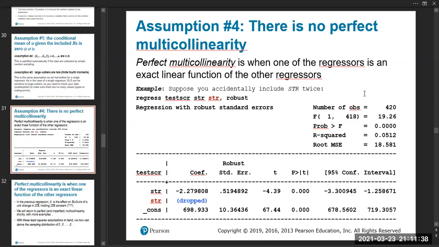Okay, so what does perfect collinearity mean?